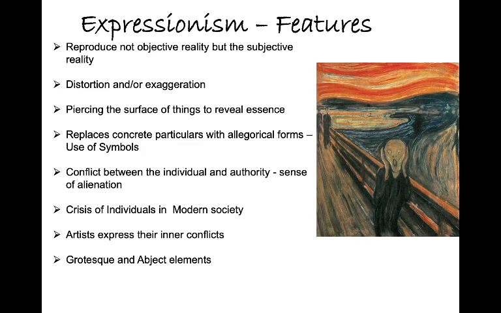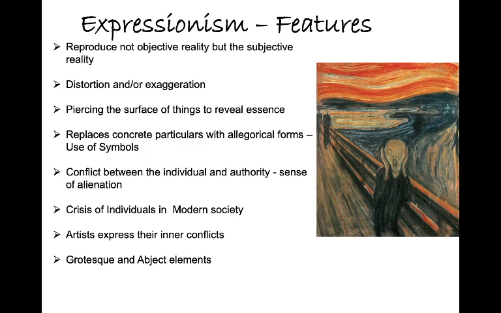It is often used as a means to explore how to transcend this material world. And we see expressionism replacing all those concrete particulars with allegorical forms. They use lots of symbols.